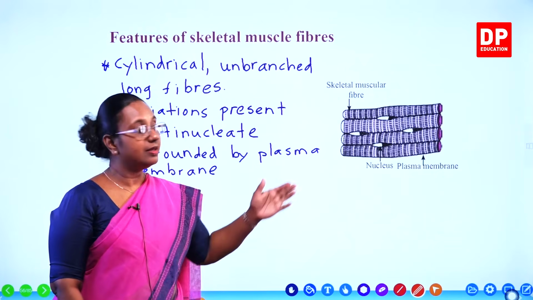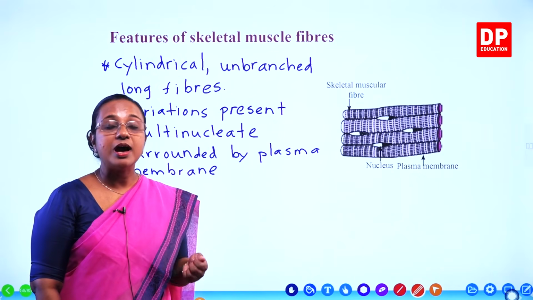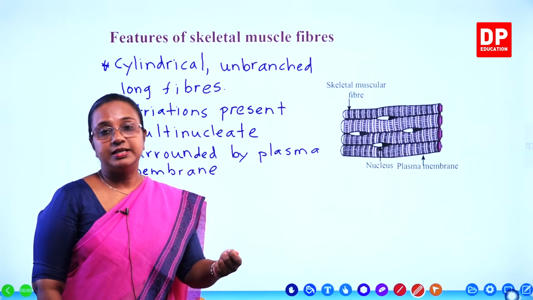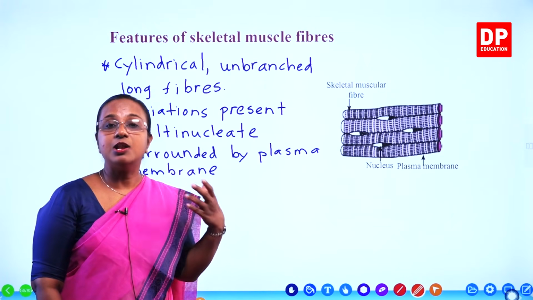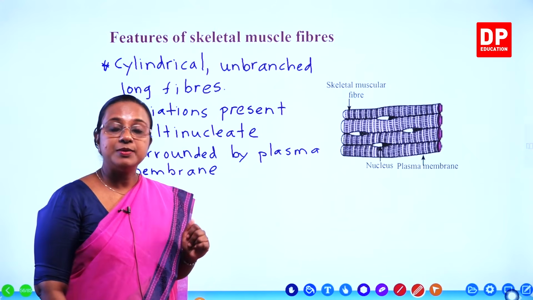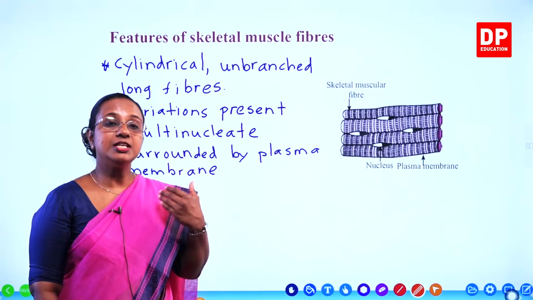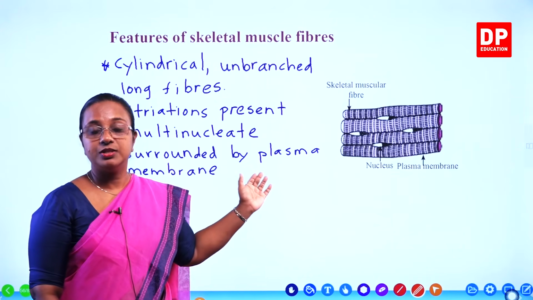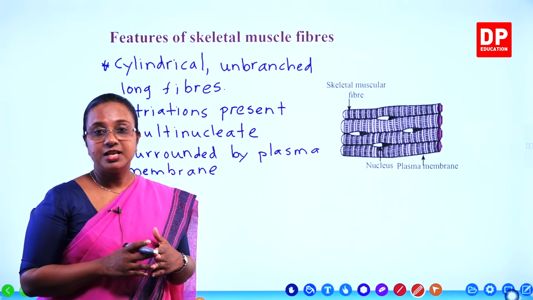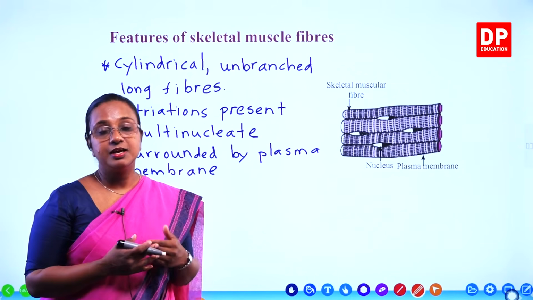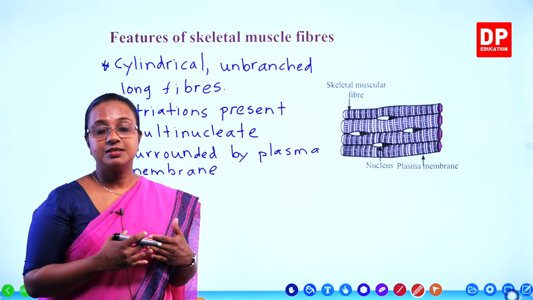We discussed that these muscles are present in different organs where there is a lot of movement involved. So if it has to move, the muscles need a lot of energy. That is why we said there is a lot of blood supply. Enough oxygen and nutrients are supplied to the skeletal muscle. And if there is enough oxygen and nutrients, that is the glucose, what process has to take place?